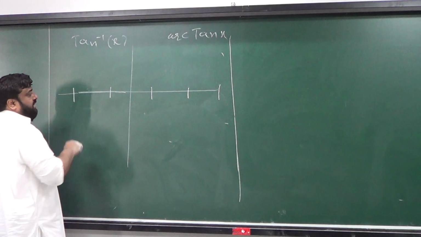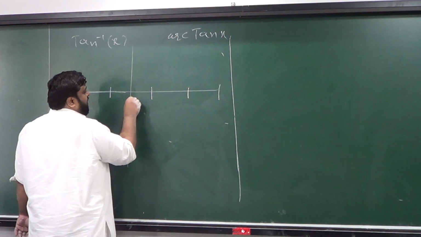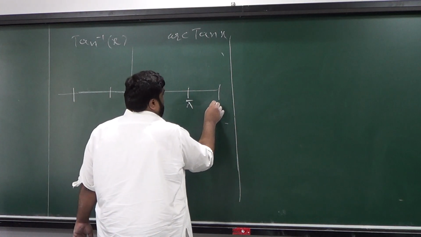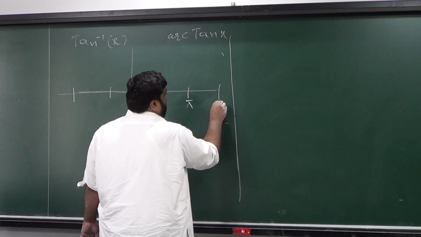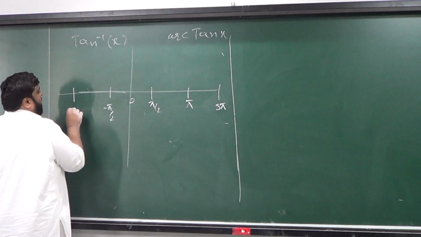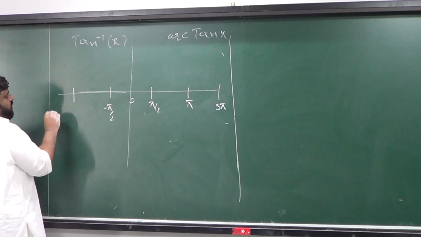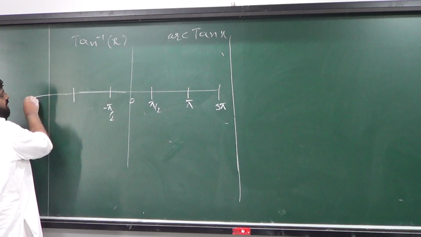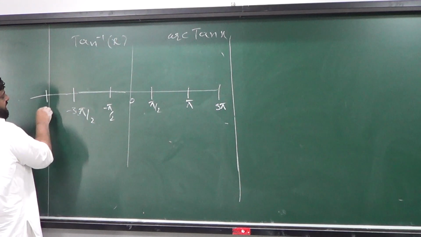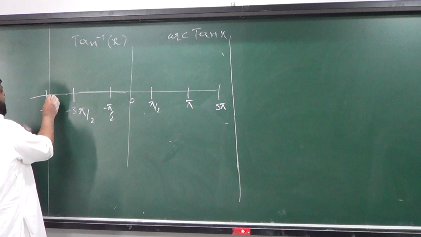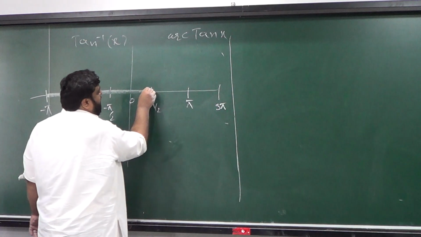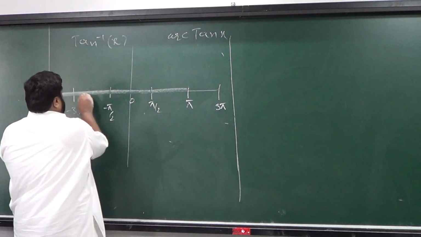For example, this is 0, pi by 2, pi, 3 pi by 2, and so on, and on the other side minus pi by 2, minus pi, negative 3 pi by 2, and so on.